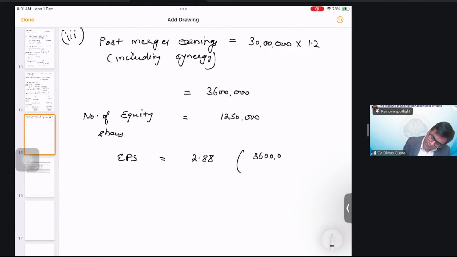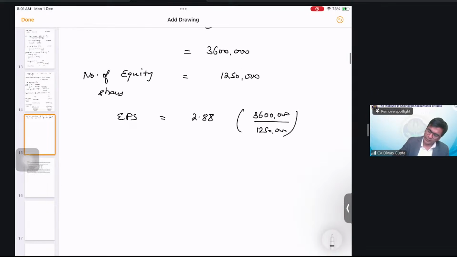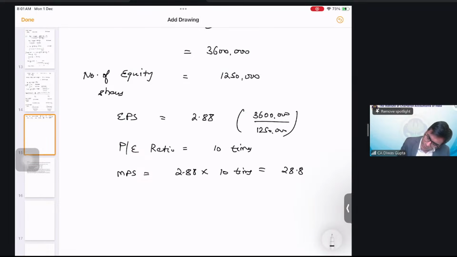We can just mention here 36 lakh divided by 12,50,000, students. The PE ratio becomes 10 times. So this is already given in the question. This was already given in the question, and hence the MPS will be 2.88 into 10 times, which is actually 28.8 per share, students.